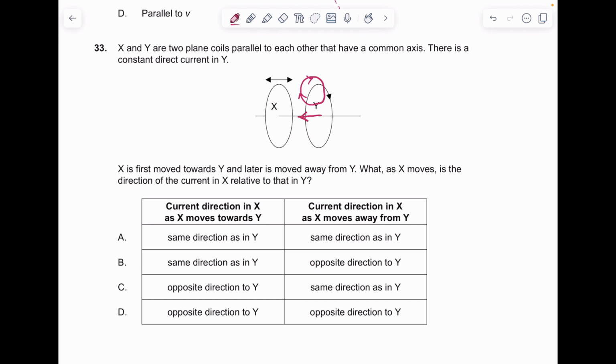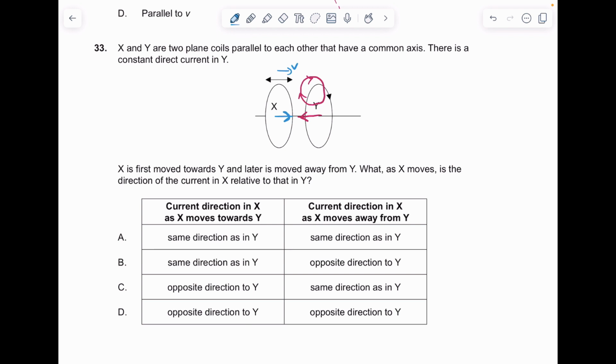The direction of that field will be such that it's trying to repel itself from Y. So Lenz's law, it's trying to oppose the change that caused it. The change was bringing it close to Y, so it wants to repel itself away from Y. So we need the field produced in the centre to be opposing the field of Y.